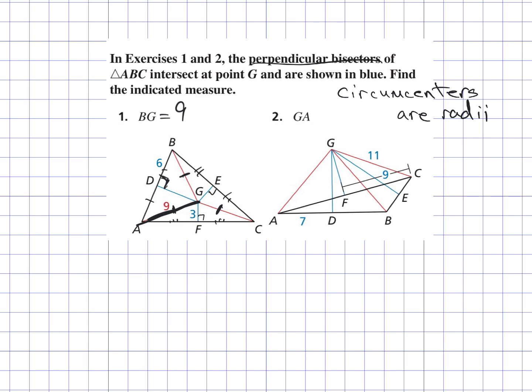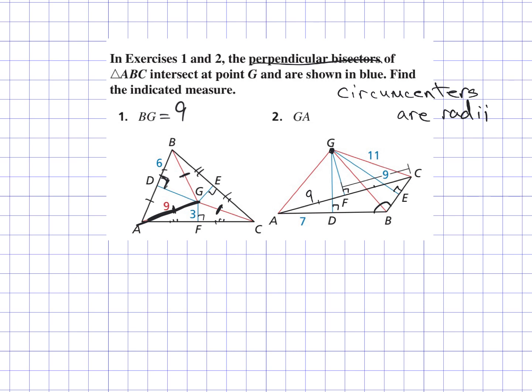Again, now we look at number 2. It's on the outside, so we have an obtuse triangle. Just pointing that out. If FC is 9, then CF is 9 because the circumcenter point comes from perpendicular bisectors.